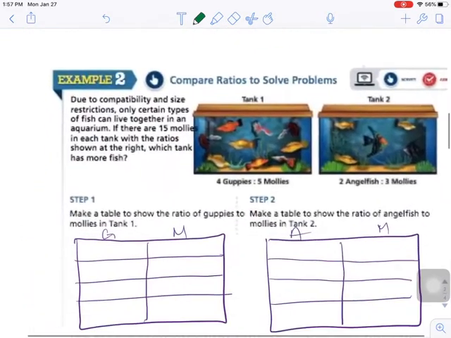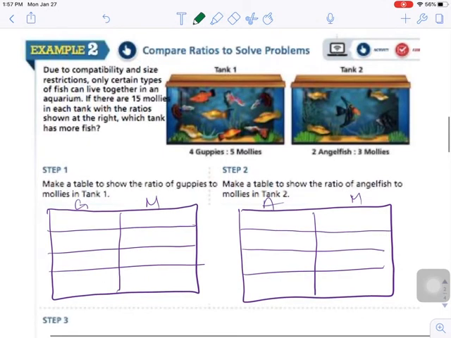All right, let's try example 2. Due to compatibility and size restrictions, only certain types of fish can live together in an aquarium. If there are 15 mollies in each tank with the ratio shown on the right, which tank has more fish? First I want to write a ratio table for each tank. In tank 1, we had 4 guppies for every 5 mollies. And in tank 2, we had 2 angelfish for every 3 mollies.